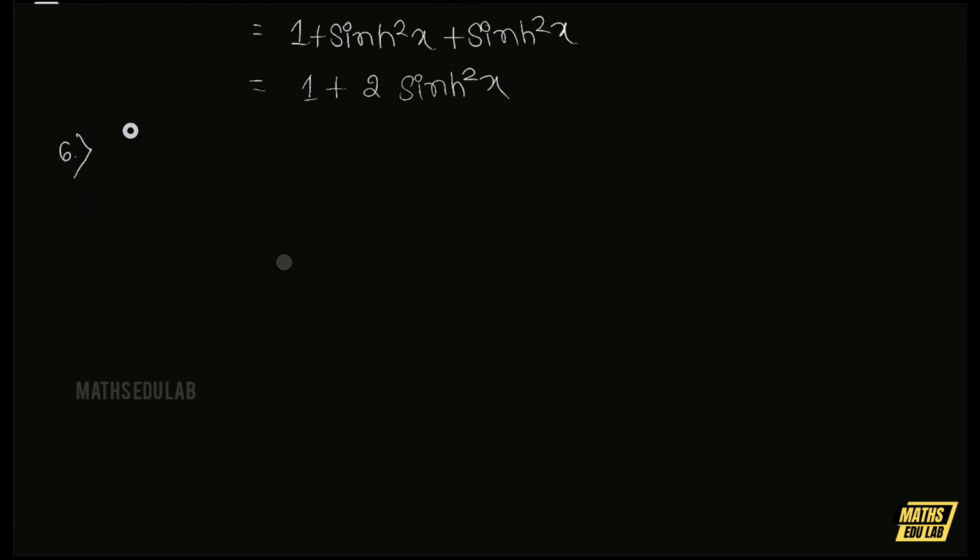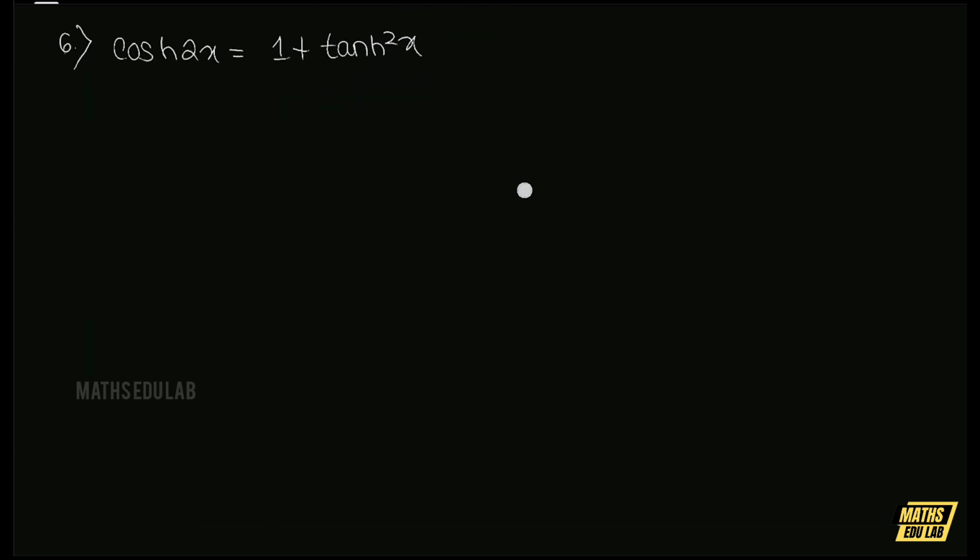See here, cos hyperbolic 2x is equal to 1 plus tan hyperbolic square x upon 1 minus tan hyperbolic square x.